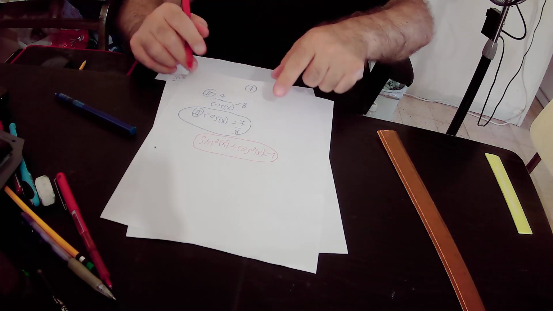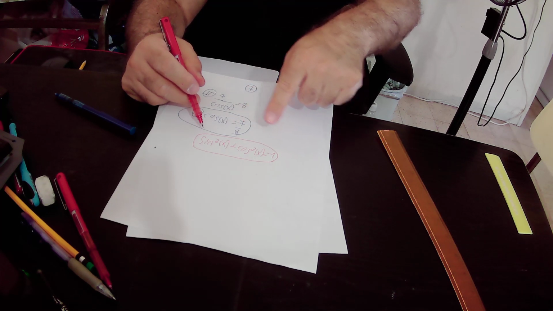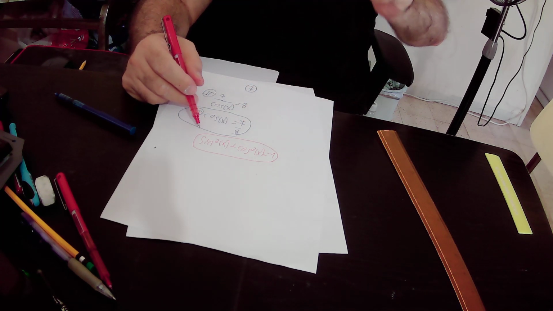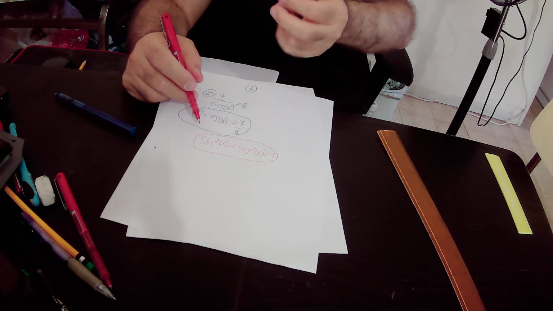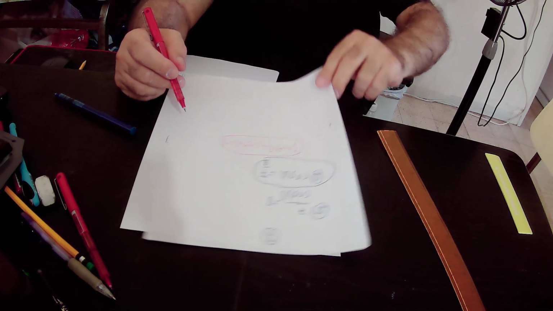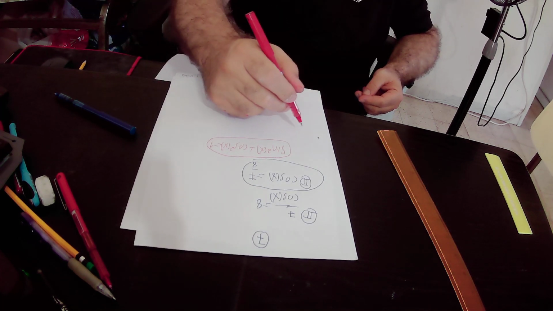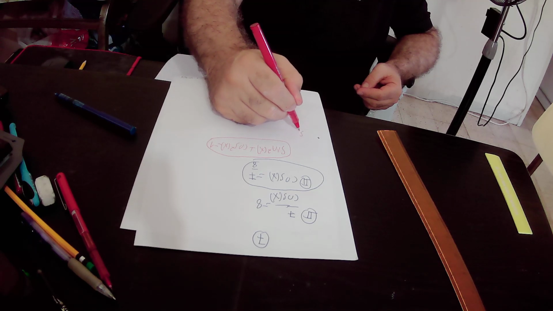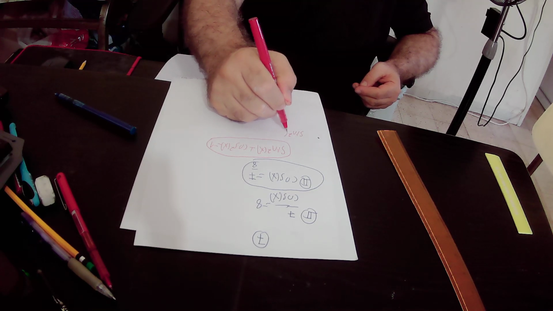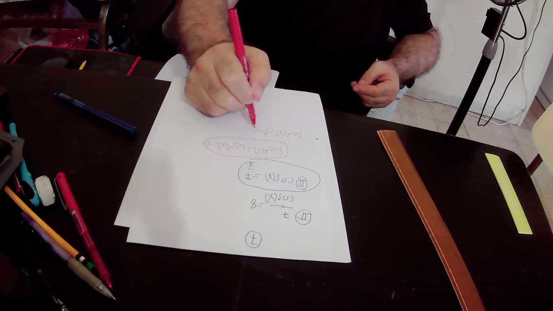From this identity we'll find out the value of sine x. First of all, we will subtract cosine square x, and we will get that sine square x equals 1 minus cosine square x.